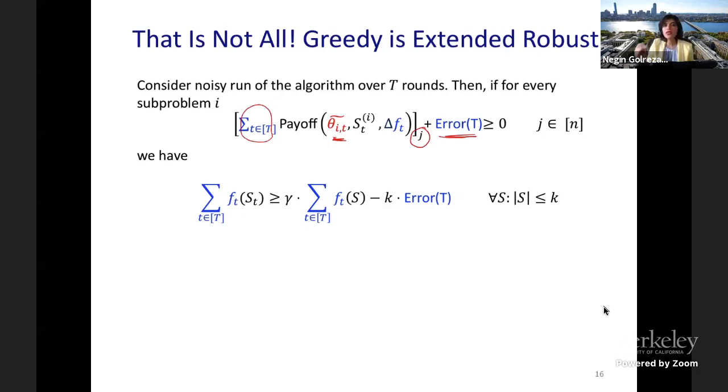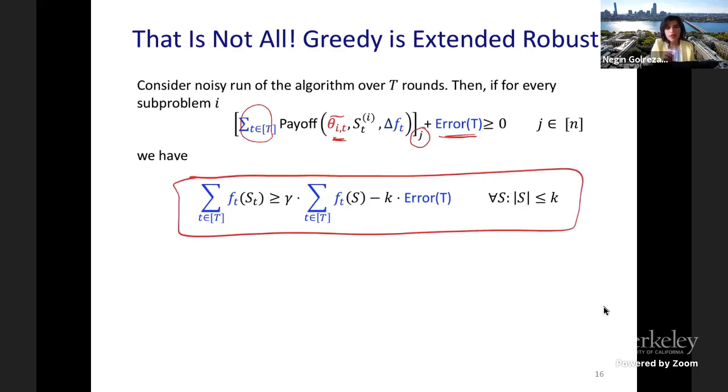Let's assume that I satisfy this condition with a little bit of error of T. Then in that scenario, it is guaranteed that I can satisfy this inequality.